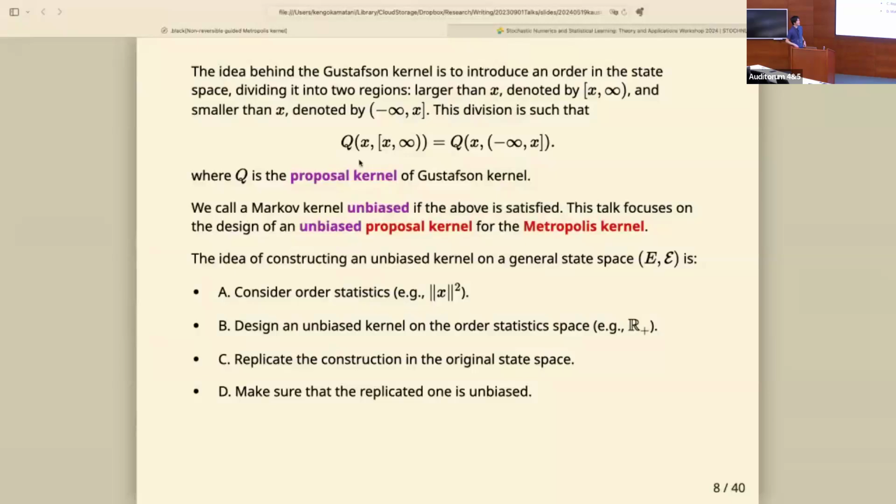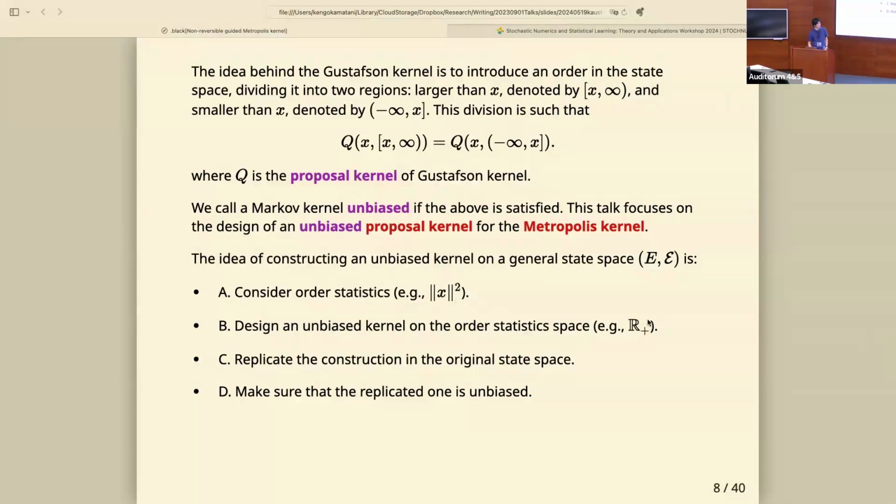Thank you. So our steps are as follows. It's an easy procedure. First, we don't consider the general state space, but only a very small space, through order statistics, because these are designed depending on order. For example, if you consider D-dimensional Euclidean space, we first observe an order statistic such as the squared norm, and we design an unbiased kernel on this space.